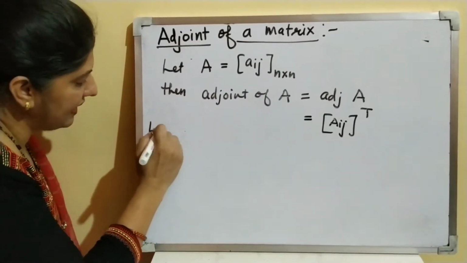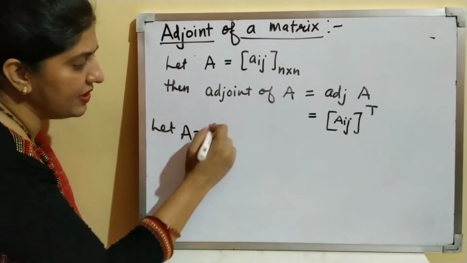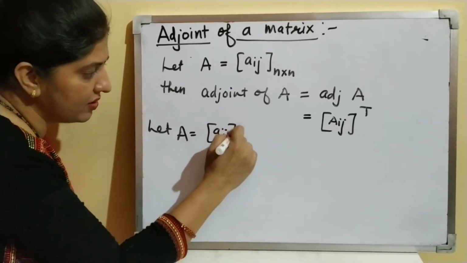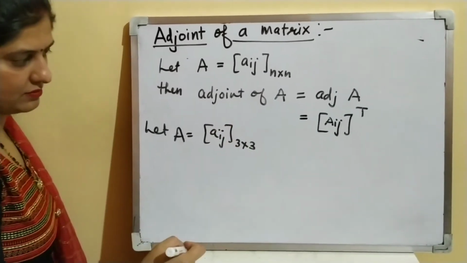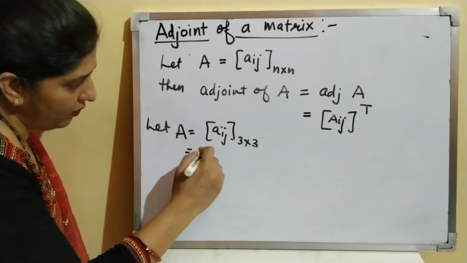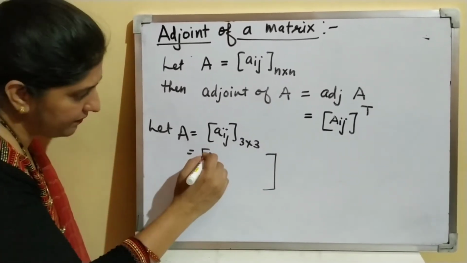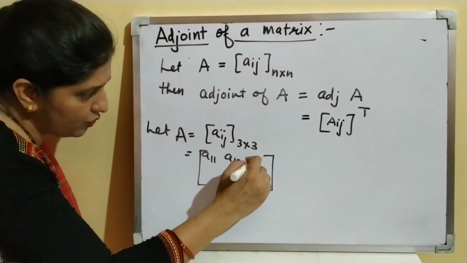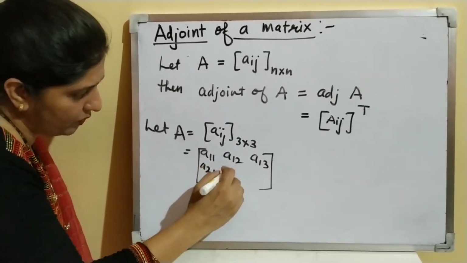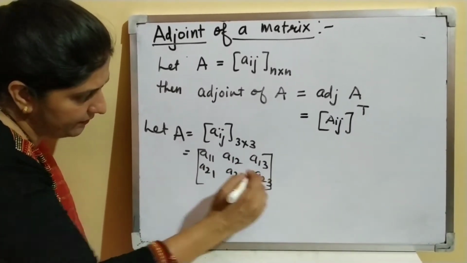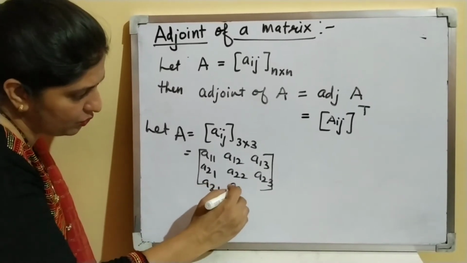See here, let A be any matrix of order 3 by 3. Now, in general form, you can write it as a11, a12, a13, a21, a22, a23, a31, a32, a33.